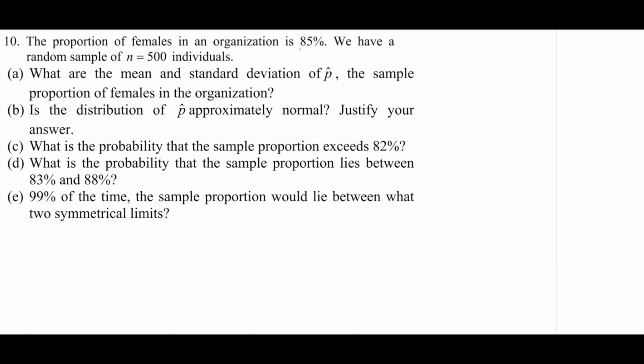What's important in this question is this 85% proportion of females in an organization and the random sample of 500 individuals. So question A, what are the mean and standard deviation of P hat? The mean of P hat would be simply P, which is 0.85, the proportion of females in the organization.